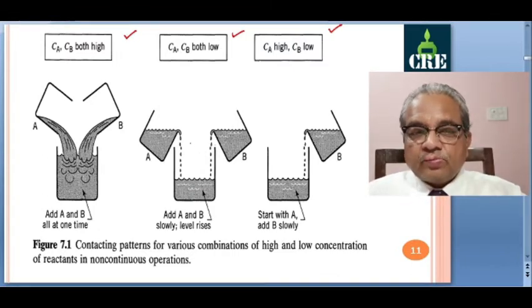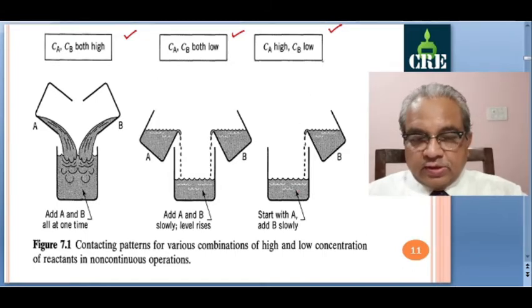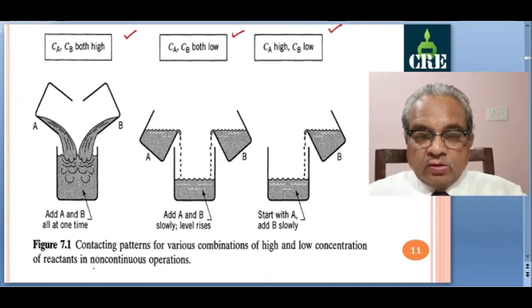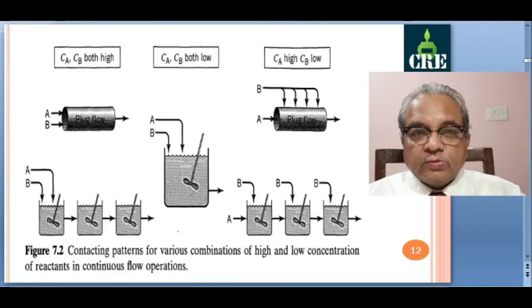This is with respect to batch operations. If Ca is high and Cb is low, you first charge A and then add B slowly, because it is required in low concentration. So these are non-continuous operations, that means batch operations.